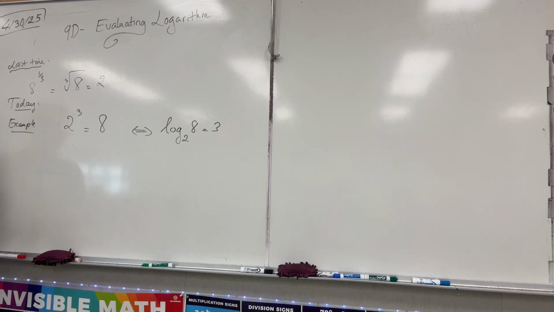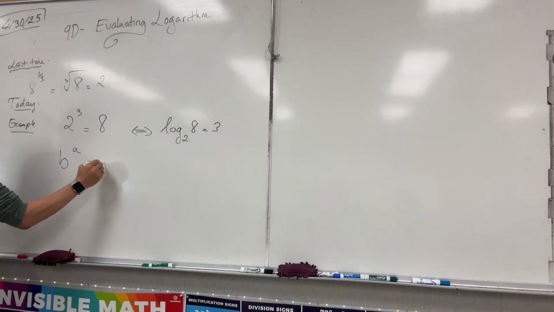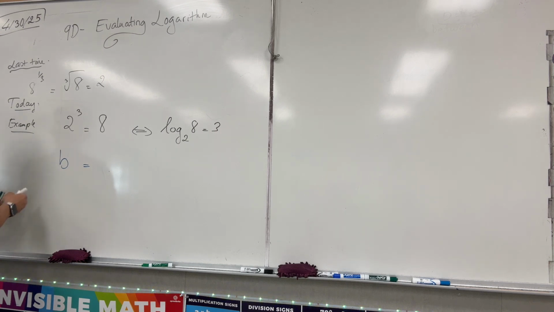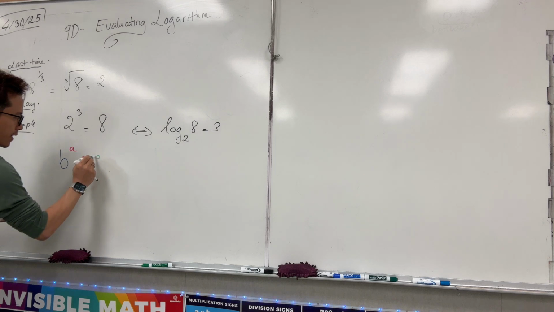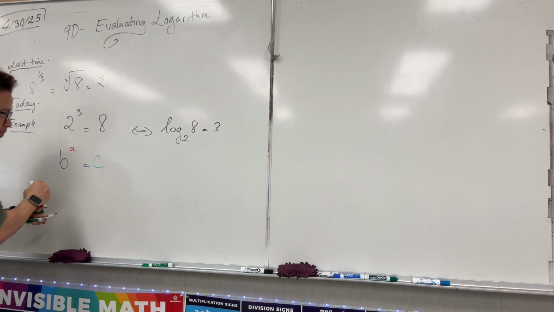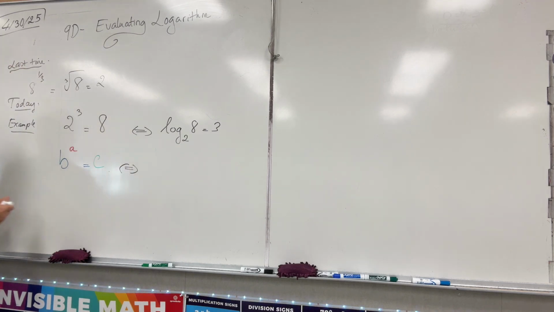The concept is this. If I give you any number, b to the power a equal to c, let's use a different color so you can know what's going on. If I want to convert this, ready? Just write down what I'm gonna do, all together.